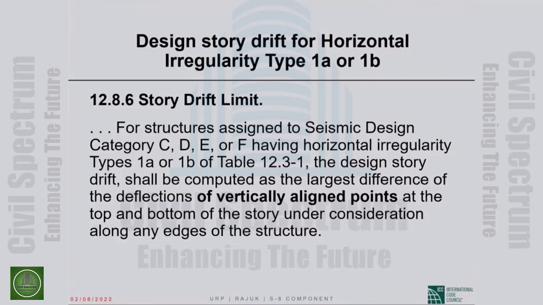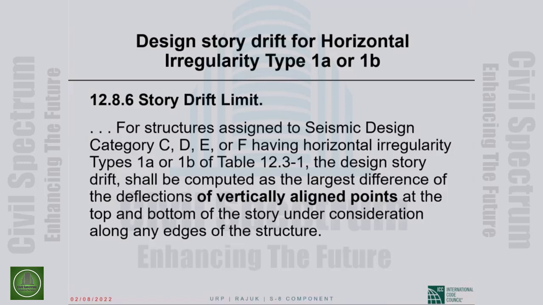Okay. The next thing you have to look at, the next section that is triggered is 12.8.6. And what this is, if you don't have torsional irregularity, interstory drift. Interstory drift, remember, is deflection at the top of a story minus deflection at the bottom of the story. Now, typically, we calculate the deflection at the center of mass.